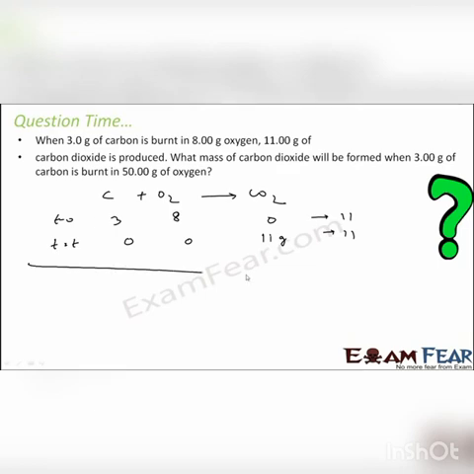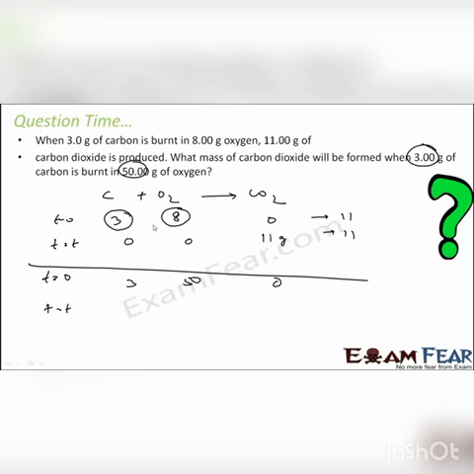Now, again, this is one scenario. The second scenario is 3 gram of carbon and 50 gram of oxygen, and this is 0. So at T is equal to T, what will happen? See, 3 gram of carbon will react at the max with 8 gram of oxygen, nothing more than that, right?